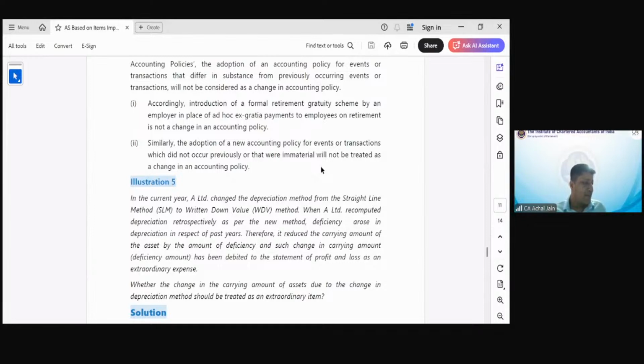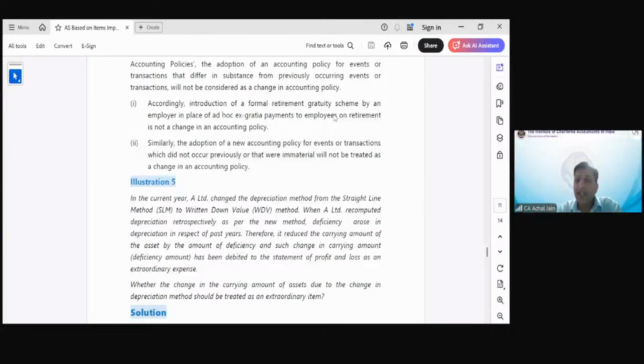Tell me quickly. So should this be treated as an extraordinary item or not? Great. Devu, Tanu, they are saying yes and no. So I can get different answers now. Okay, Kirti is saying yes.